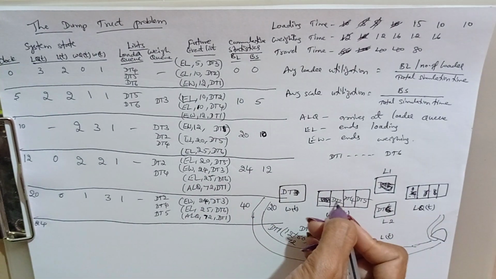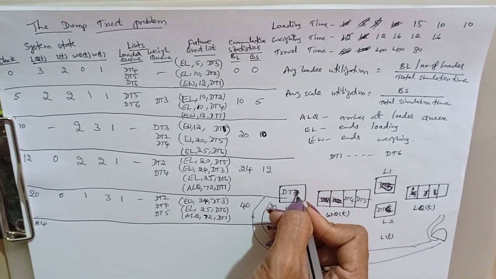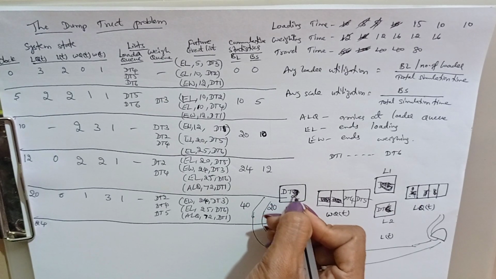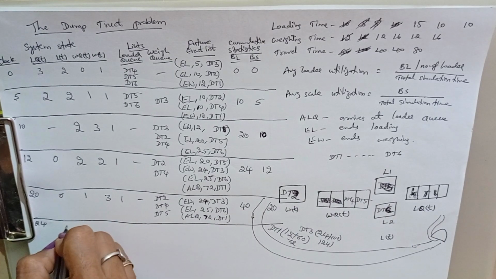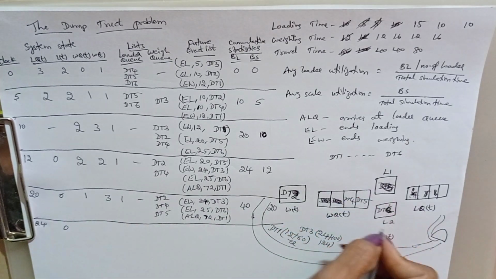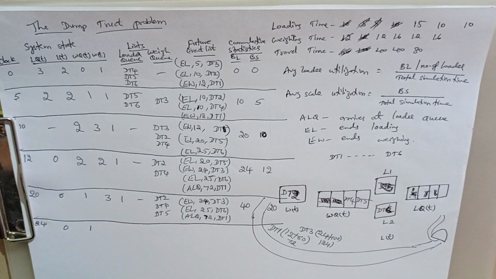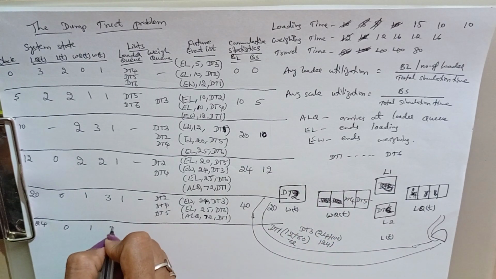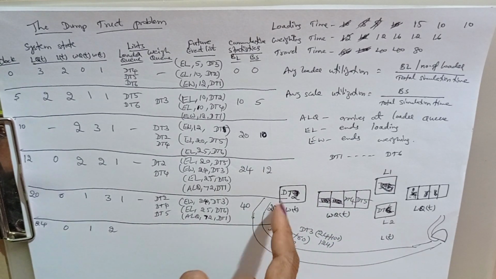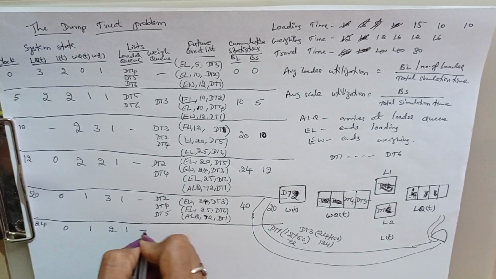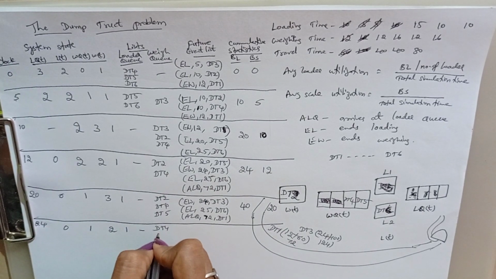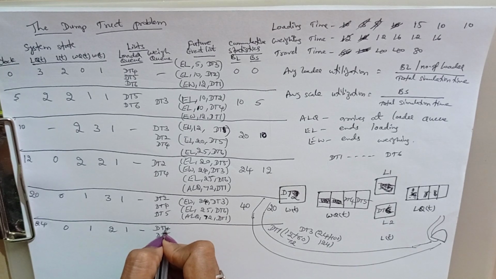Now remove 1 from the weighing queue, that is 2 entering the scale. Now we'll write that 0, 1 on loading and 2 on weighing queue, 1 on weighing bridge. That is truck 4 and truck 5.